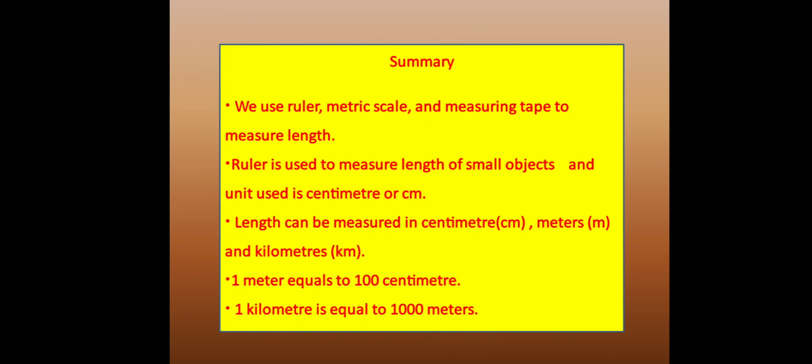Next one, length can be measured in centimeters, meters and kilometers. Next, 1 meter is equal to 100 centimeter. Next, 1 kilometer is equal to 1000 meters.